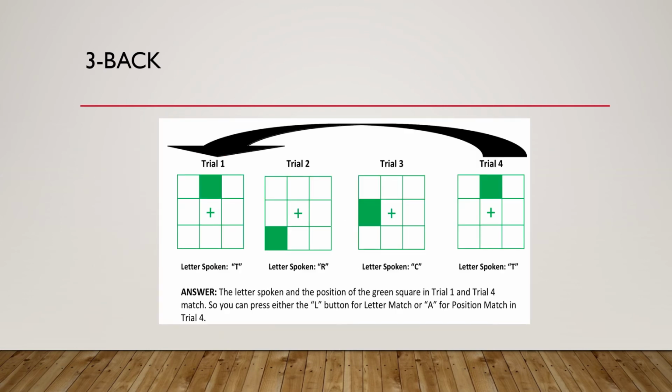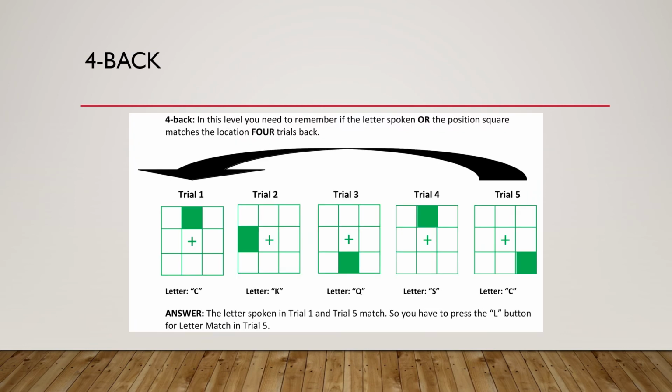Another example, if we tell you to be 3 back, this will be 1 trial, 2 trials, 3 trials back. And as you can see for this, the letter T matches and so does the position. So with that, you can press A or L, or you can press A and L together. Remember, A is for the location of the green square and L is for the letter that is spoken.